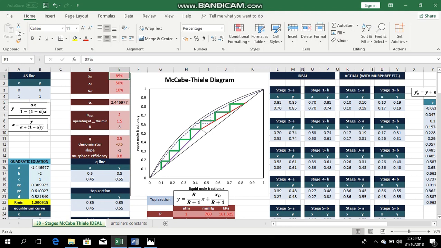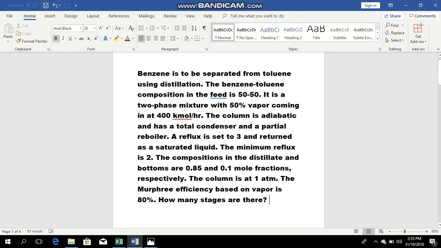Our XD is 85%, XF is 50%, and in the bottoms, the mole fraction is 0.10 or 10%. This is our graph of the problem. It's the graph of the distillation column. The question here, back in our problem, is stages. How many stages are there?